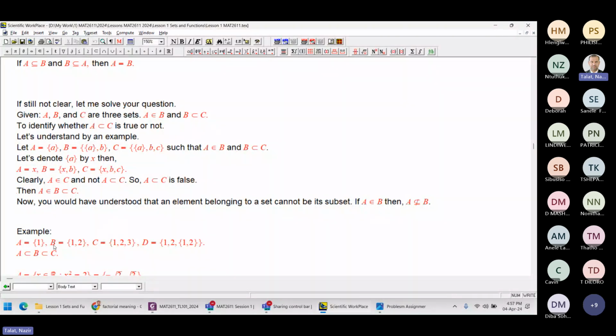This B is an element of D. So we can see that B belongs to D. Because this is a set, but in this set it becomes an element of D. So D contains one element which is itself a set B. So it means B belongs to D.